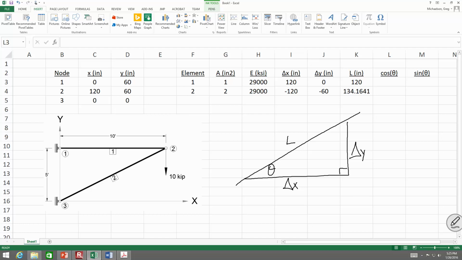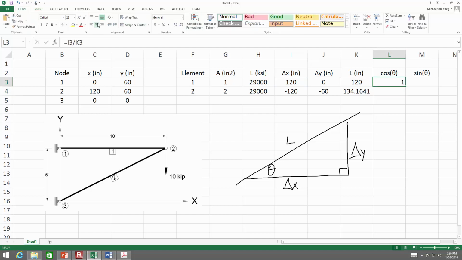So watch what I do. Okay. Let me go my arrow. We say equals delta x divided by L. Right? That'll be the same down here. I mean, look what it's calculating. Delta x divided by L, right? So tell me, what do I put here for this one? Delta, there we go.